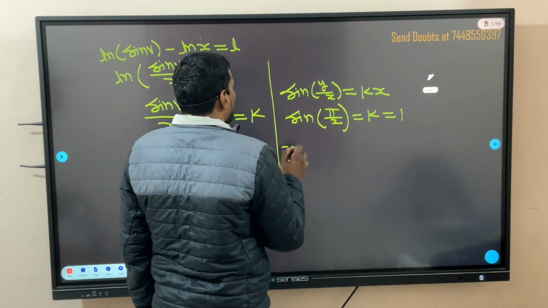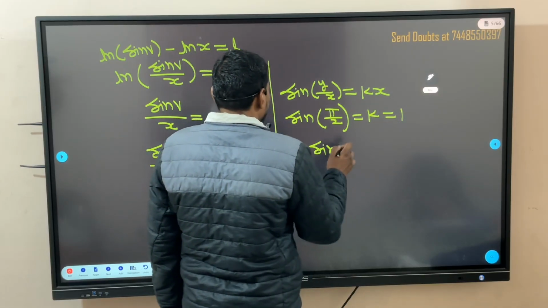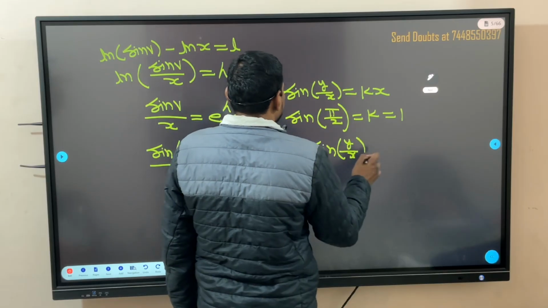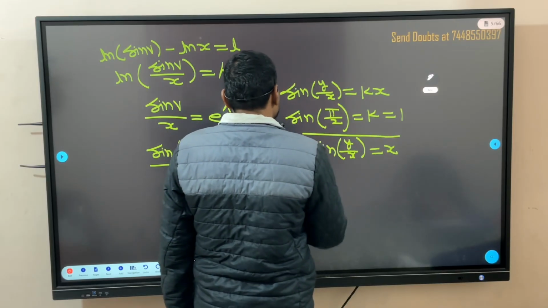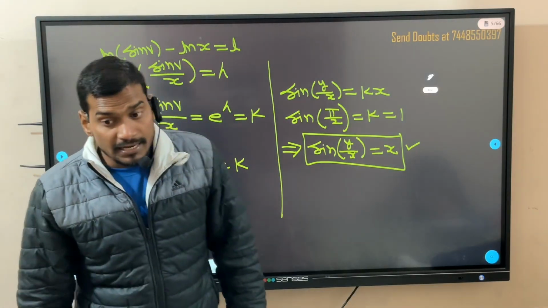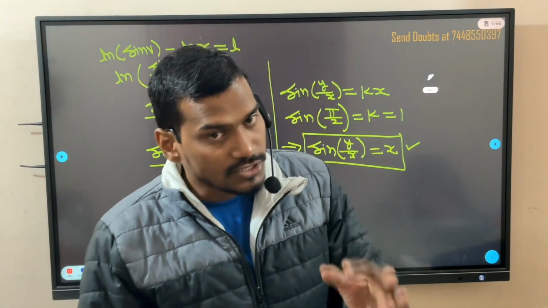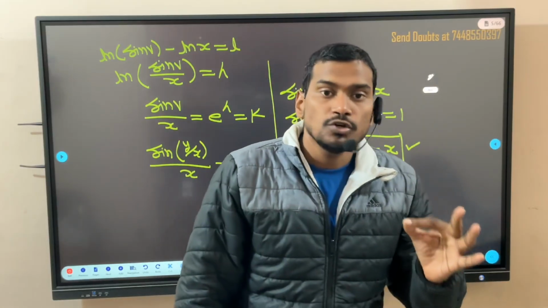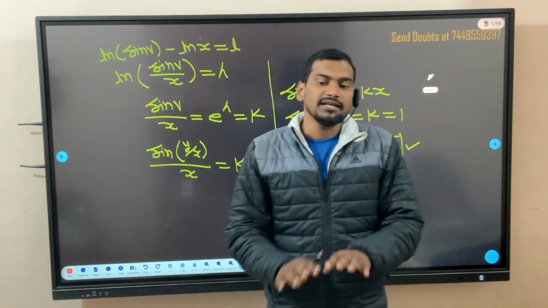So if k is 1, we write sine of y by x equals x, and that's our answer. It's as simple as that. Just apply step 1, step 2, use the variable separable method, and you are all done.